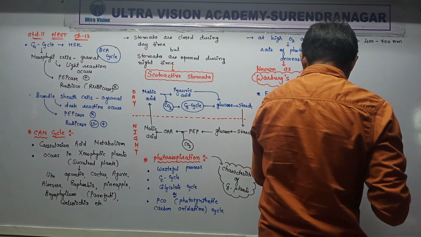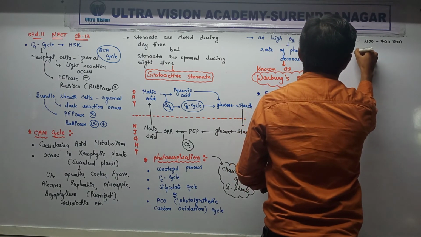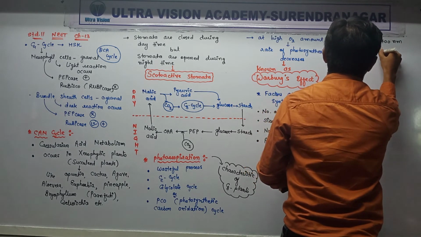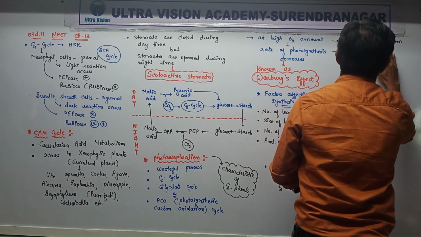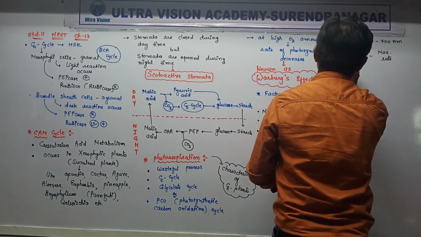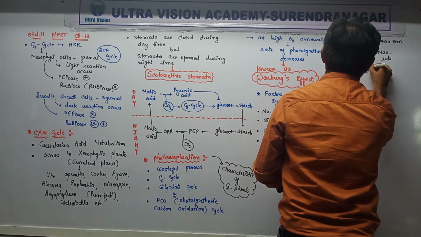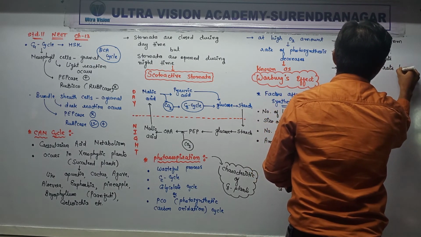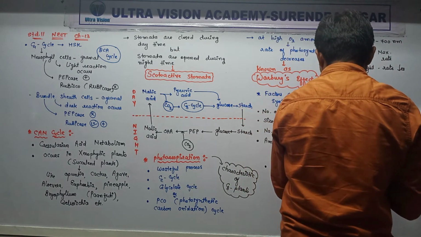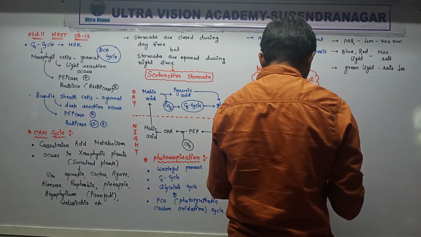So blue and red light give maximum photosynthesis. In the green light, the rate decreases. So you remember that in blue color light and red color light, the photosynthetic rate is maximum.